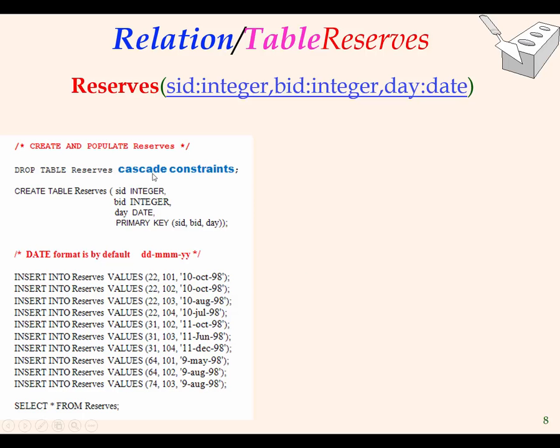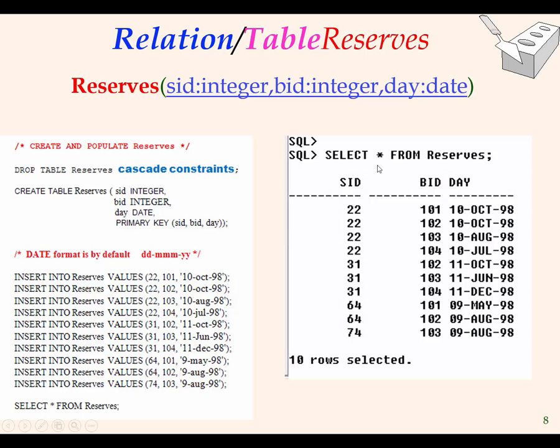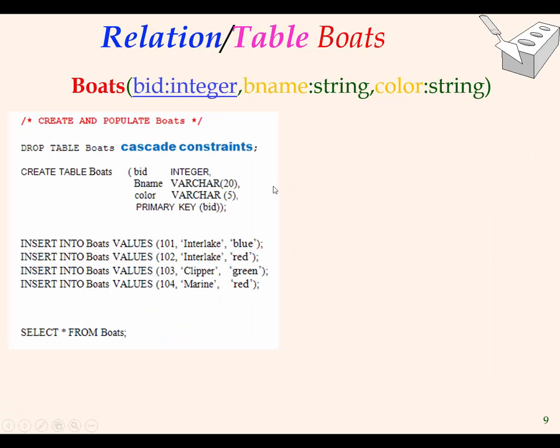Again, using the keyword cascade constraints will allow me to delete in case there are other tables that point to this. So reserves has sid, bid, and date. Please note that date is a built-in data type. The primary key is the 3 attributes, and here are the inserts. And if you select everything from reserves, that's the content.